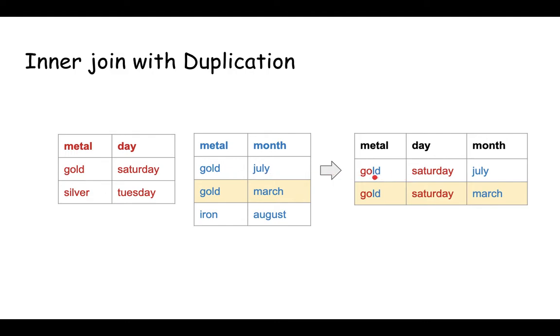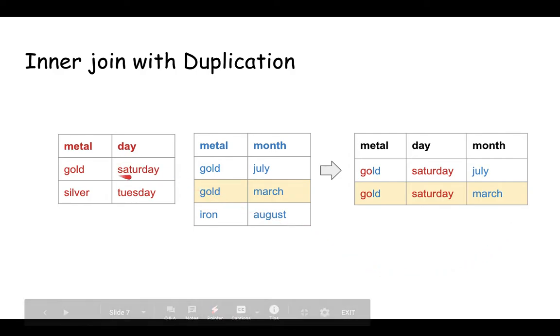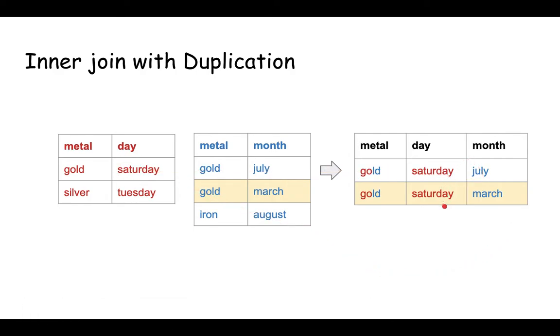So in the output table we get gold with July, and the second match is with this gold with the month of March, and in the output table we therefore get gold with the month of March, and the value of day for Saturday is common for both of them. So that's how the join could work in case of duplicate keys.